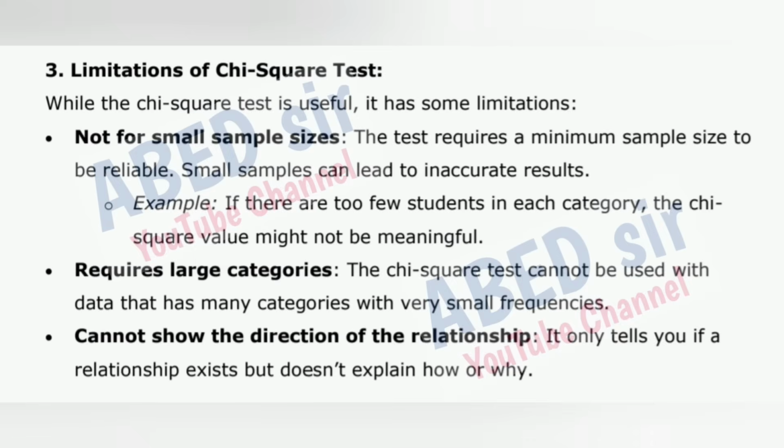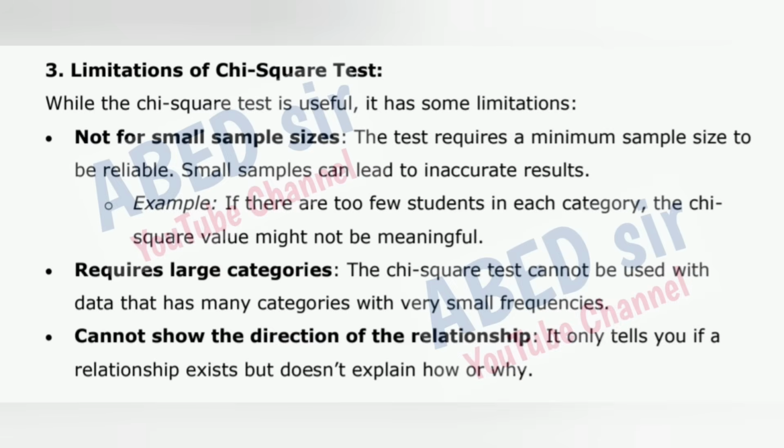3. Limitations of Chi-square test. While the Chi-square test is useful, it has some limitations. Not for small sample sizes, the test requires a minimum sample size to be reliable. Small samples can lead to inaccurate results.